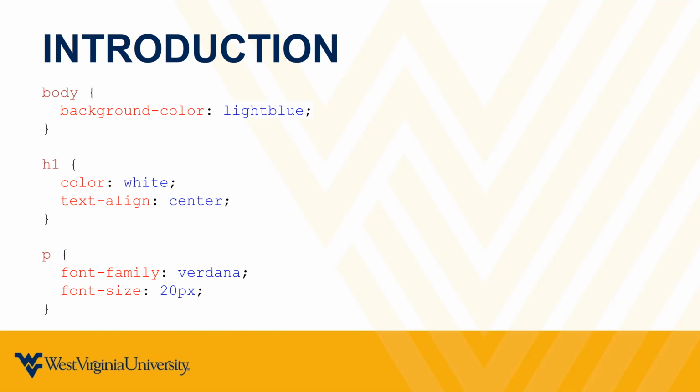And then here we get into the styles with the header. So header 1, you can change the color of it. Any header 1 references that you have in your HTML will all be white now, and the text align will be center, meaning it'll be in the center of the page, or of the container if you put it in a div.